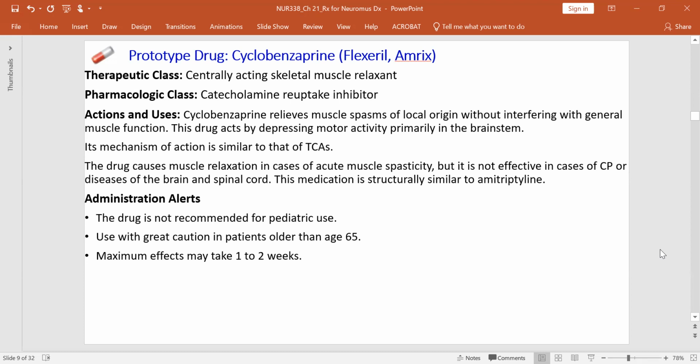So it's not contraindicated, but we should be careful when we prescribe it to patients over 65 because of these expected adverse effects like confusion, hallucinations, and cardiac events. In other words, acute MI or ischemic attacks like angina.